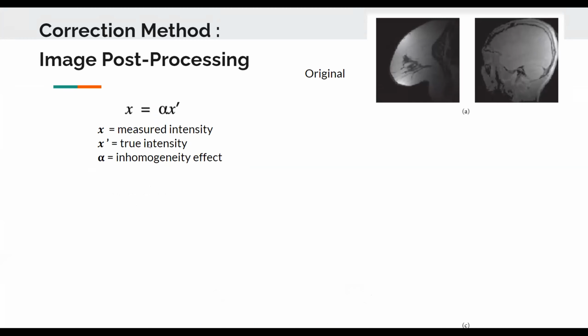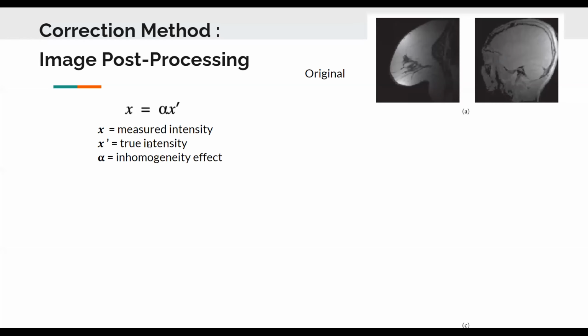All it does is apply a filter based on the map. Before I get into the maps, I'll talk about the model that it's based on. The popular model is shown by this equation, where x denotes the measured intensity, x prime the true intensity, and alpha denotes the inhomogeneity effect at each pixel.